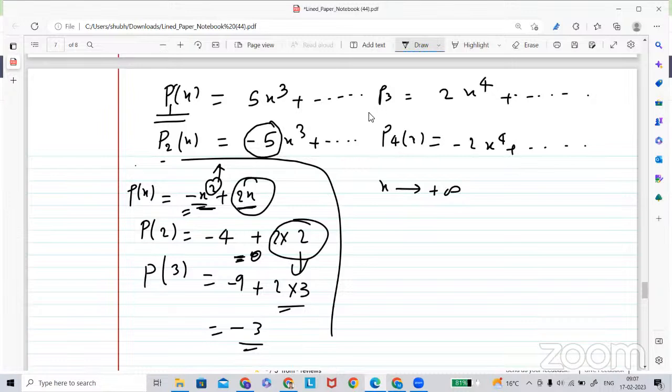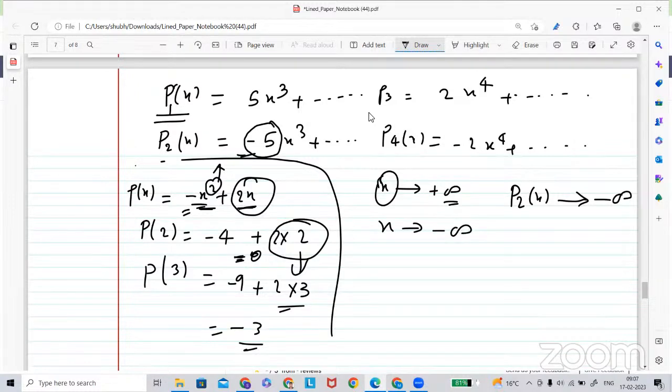Similarly here, think that this is -5. As x is positive, these numbers are positive, but because of the coefficient, the whole term is now going to be negative. So P2 tends to -infinity because of this coefficient. Now suppose x goes to -infinity.